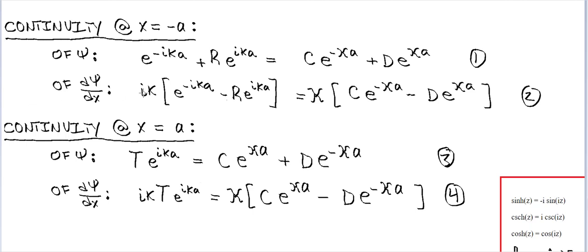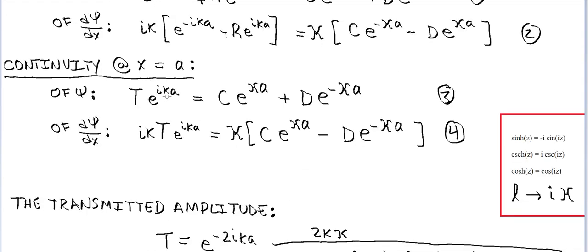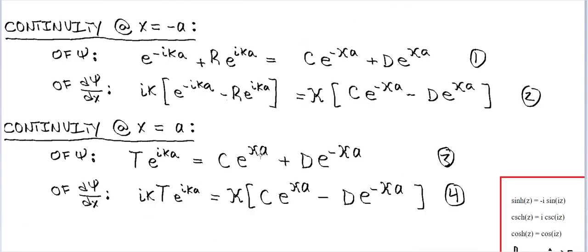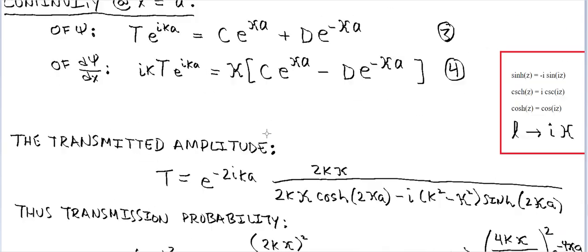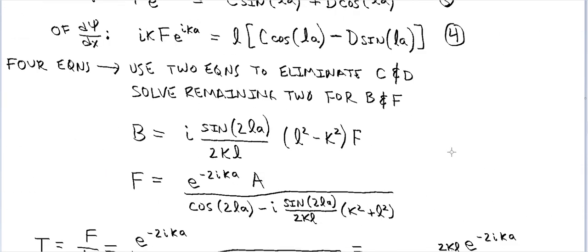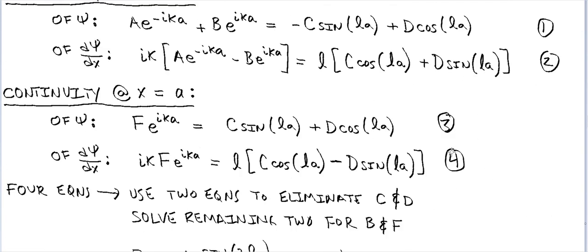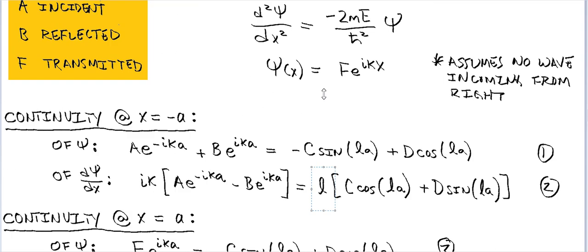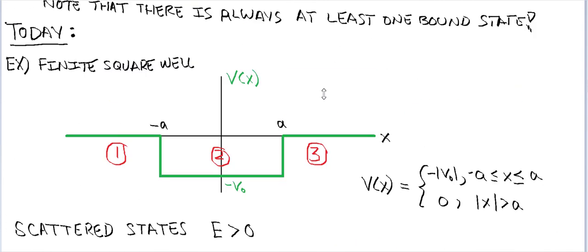Instead, what I'm going to point to is that this is the exact same thing that we've been doing with the, so if I come back up to here, it's the exact same thing, except that there's no L in the one we're doing now, whereas there was for our finite square well.